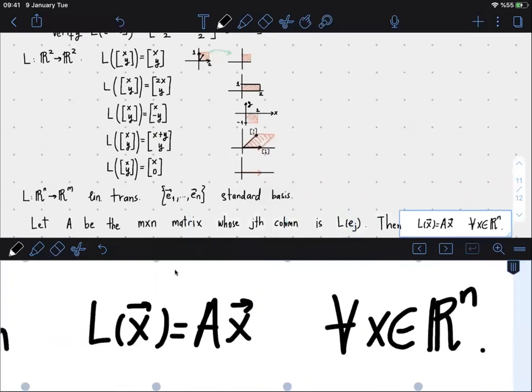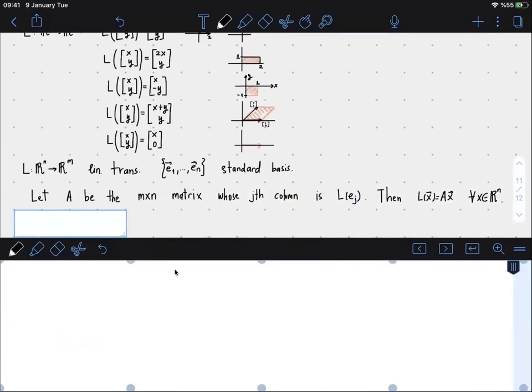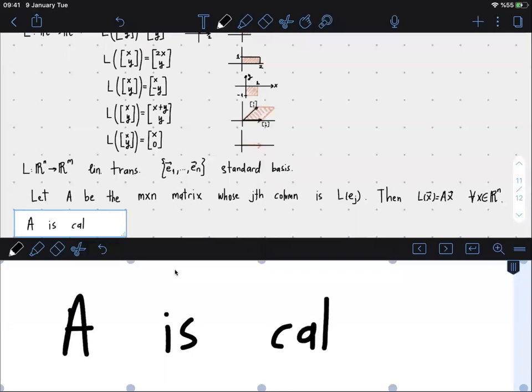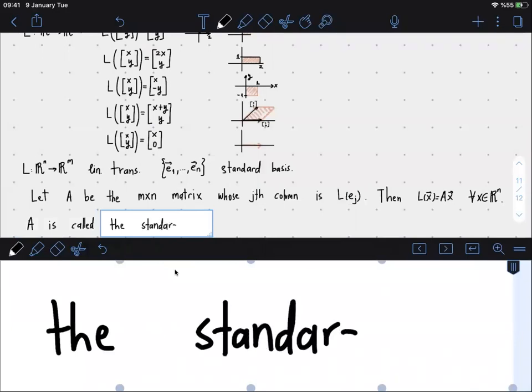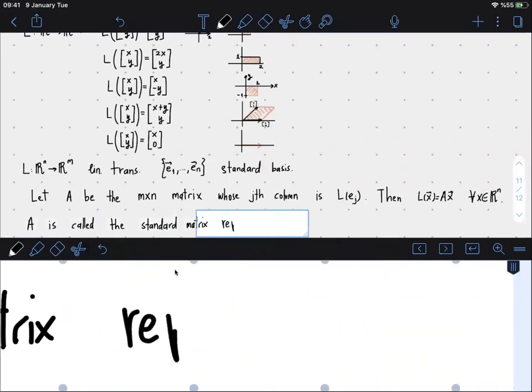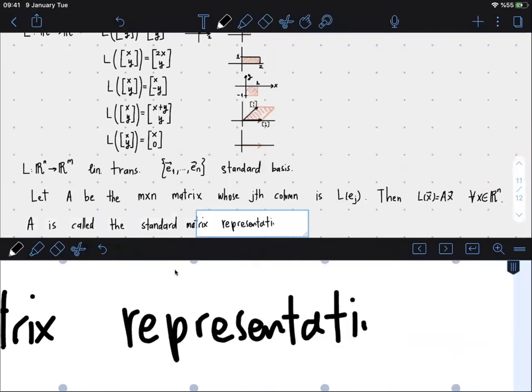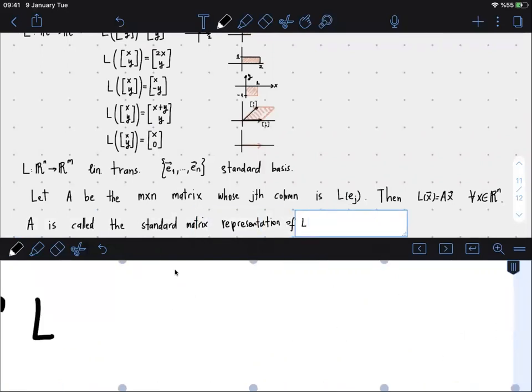And this matrix A is called the standard matrix representation of the linear operator L.